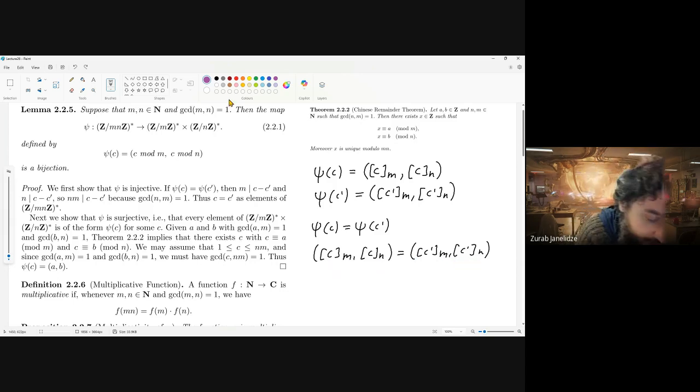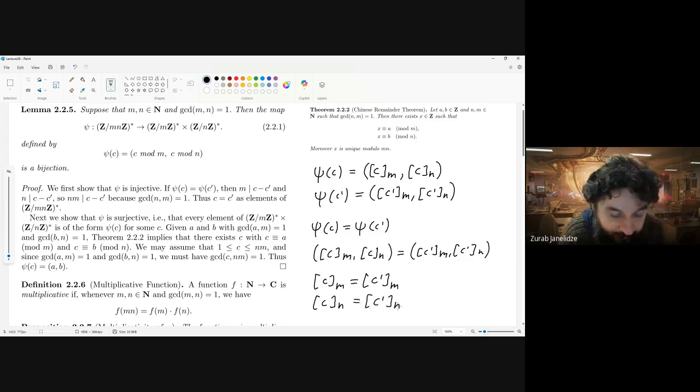So because the ordered pairs are equal, we can conclude from here that the equivalence class of c under the m congruence is equal to the equivalence class of c prime under the m congruence. And similarly, the equivalence class of c under the n congruence is equal to the equivalence class of c prime under the n congruence. Okay.